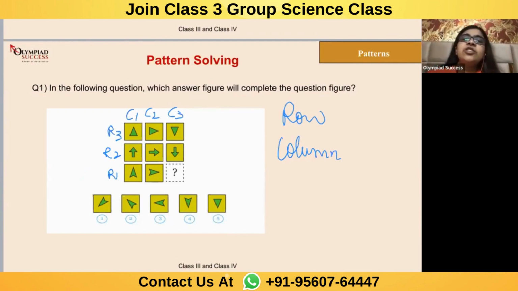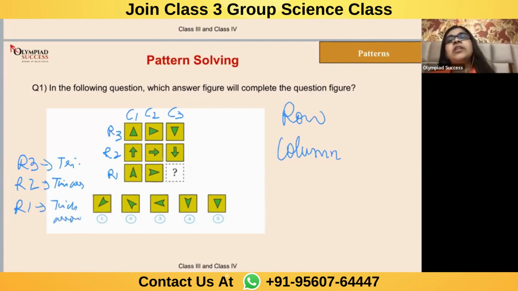If you check the relation of rows, you will see that row number 3 is having all triangles. Row number 2 is having all thin arrows. And row number 1 is having thick arrows. So every row has something common in it.